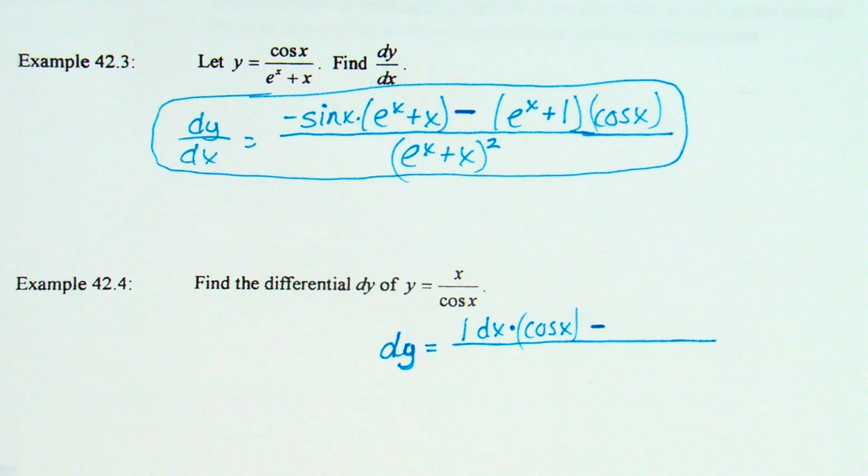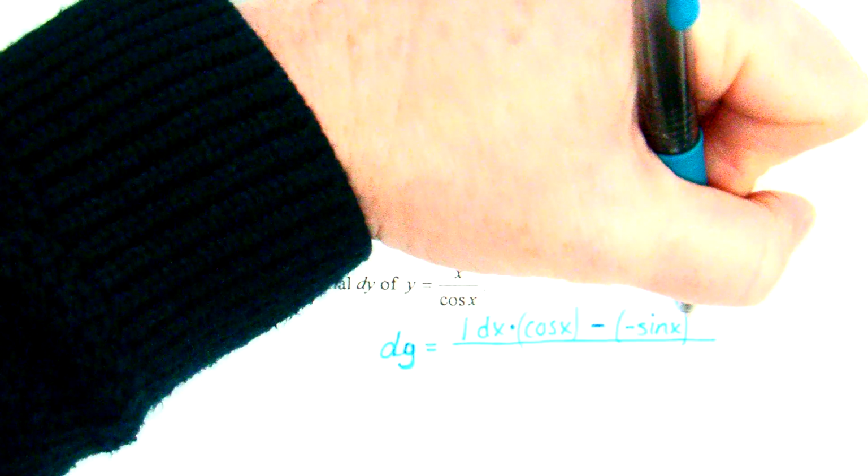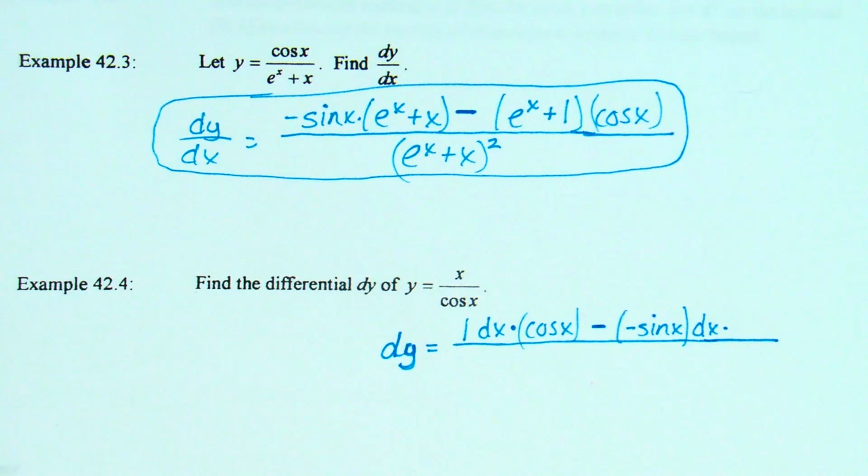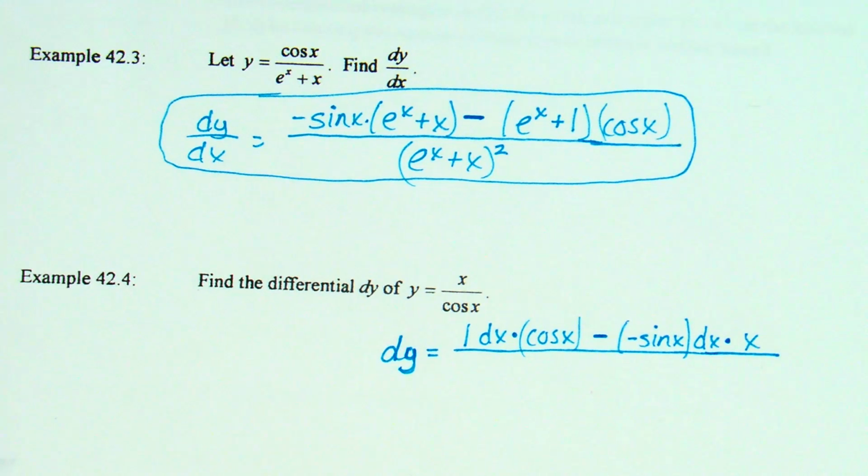Now it's derivative of the denominator. So derivative of cosine x is negative sine x. And that's what variable? dx. So derivative of the denominator times the numerator. So times x. And I'm going to come back and clean that up because that's just kind of ugly the way I currently have it. All over cosine squared x, denominator squared.